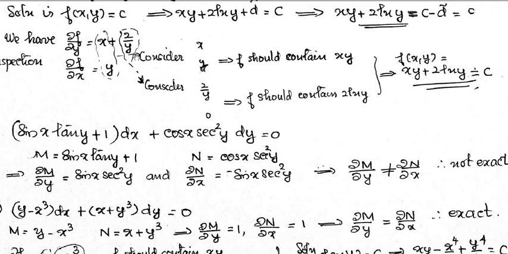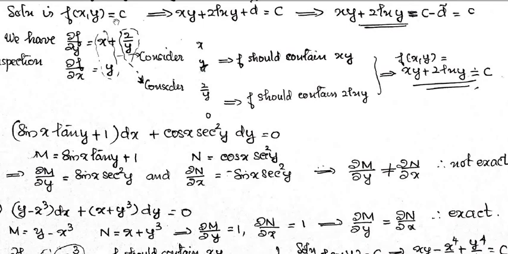Now consider the second term, 2/y. Here there is no x term. That means whenever you differentiate an unknown function f with respect to y, you have to get 2/y. That means that the function f should contain 2 ln of y.